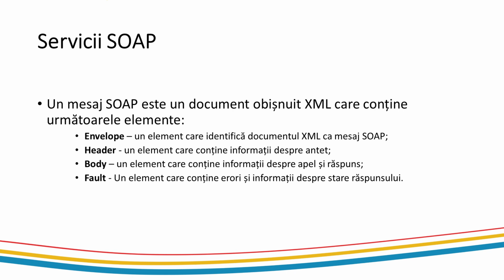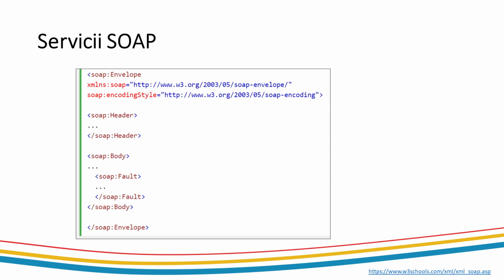Right. Then comes the body. That's the core. It holds the actual call information, the request, and then later, the response data. The actual payload? Pretty much. And finally, there's a fault element. If anything goes wrong, errors or status info goes in there. It's like a standard business letter format almost. Envelope, header, body, and a section for problems. That structure makes a lot of sense.